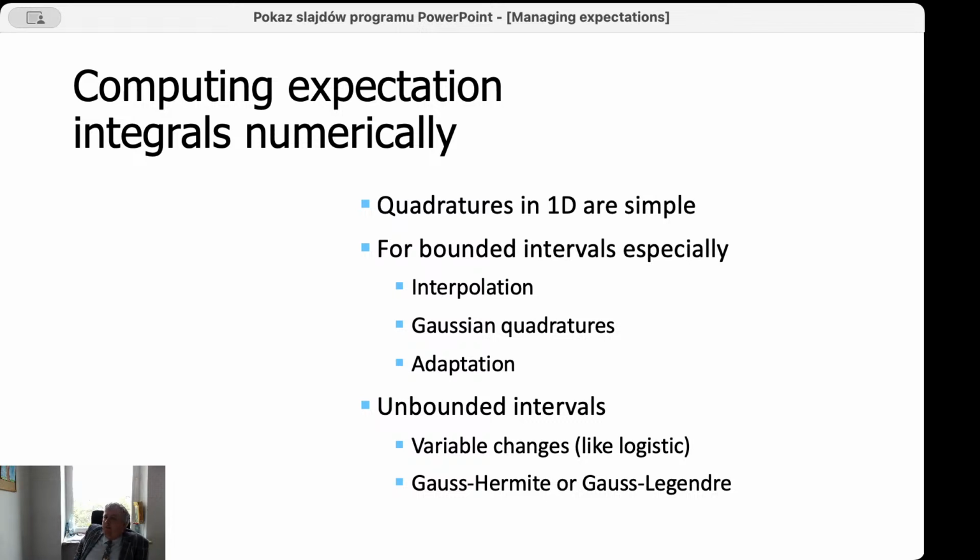In case of unbounded intervals, we need to use some kind of variable changes to transform it, or use some kind of dedicated unbounded interval integration methods like Gauss-Hermite for all real numbers, or Gauss-Laguerre for positive real numbers. Those things are useful for computation of such integrals.